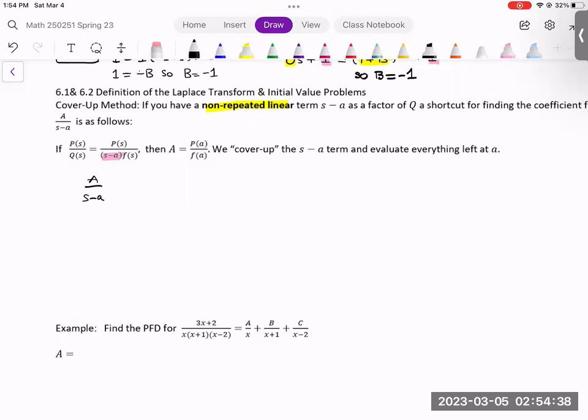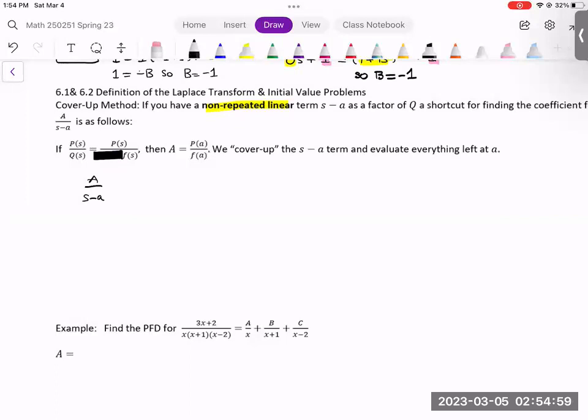That A we're going to get by evaluating our original rational expression, where we're going to just imagine covering up, just ignoring the S minus A term.